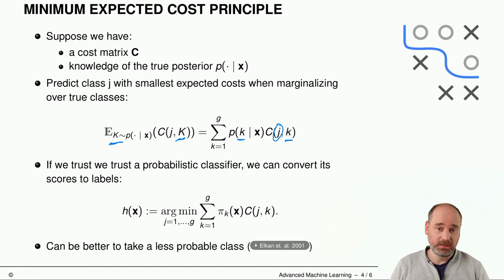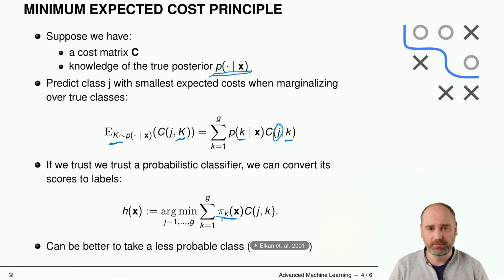Now, of course, we usually do not have access to this, but we have to estimate it. I guess that's what classification and machine learning is all about. If we trust our probabilistic classifier, and have validated it well enough, we could simply plug in our estimated posterior distribution from the classifier for the true posterior distribution, and then apply the same formula.